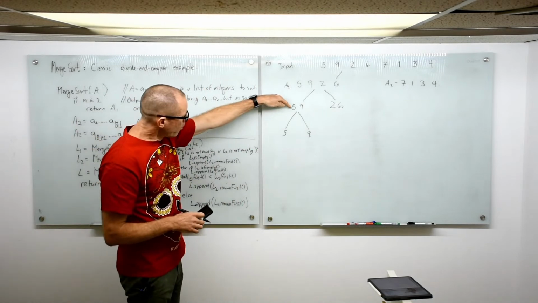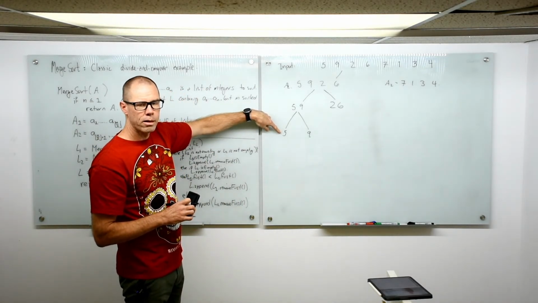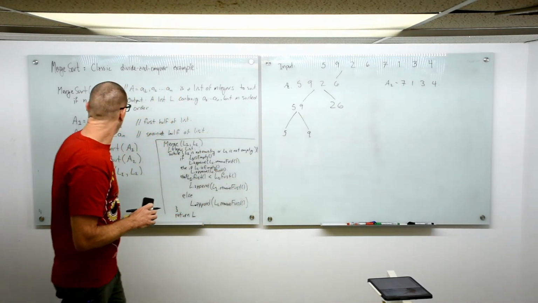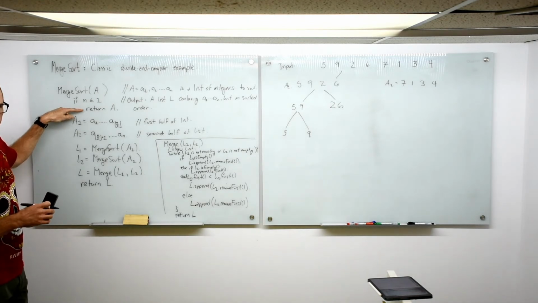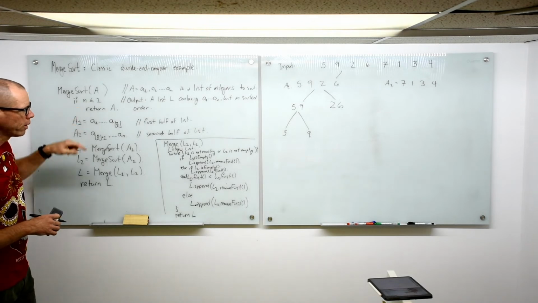And then it calls merge sort on the first half. So it calls it on a list containing only one thing, the number 5. So we fall into the base case, n is less than or equal to 1, and the base case just says return your input. Okay.